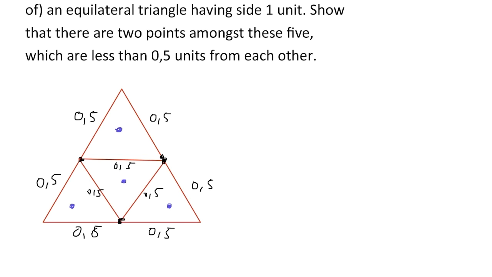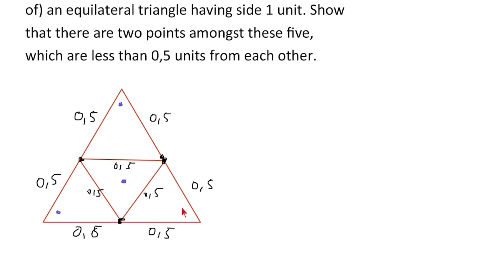For example, I can shift that point and place it there. I can shift this one here and place it there. I can shift this one and place it there.